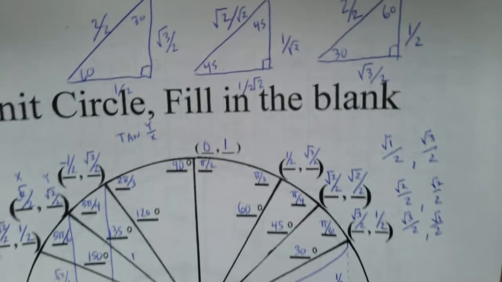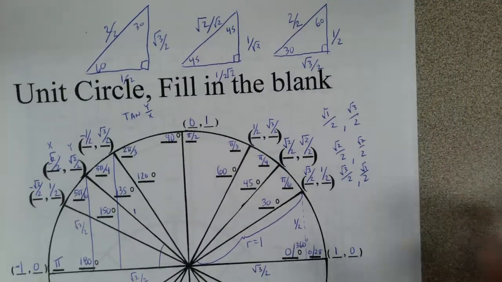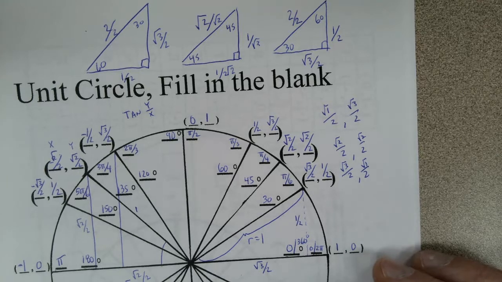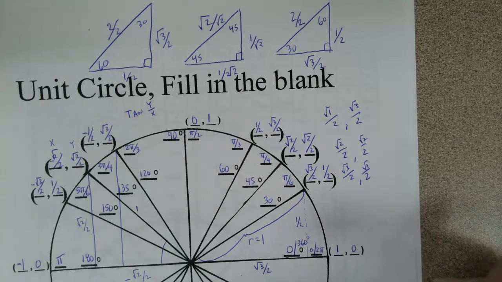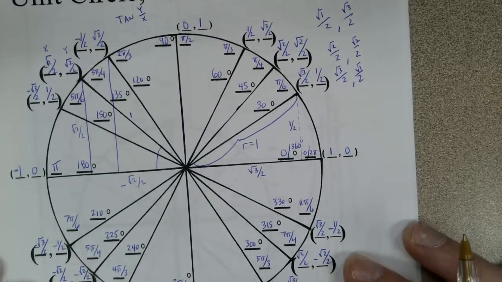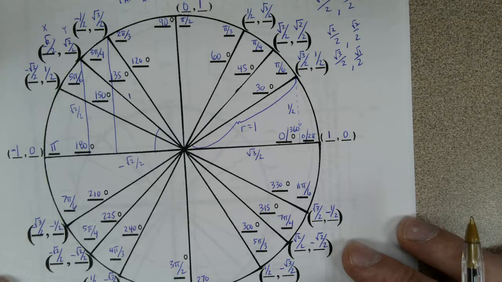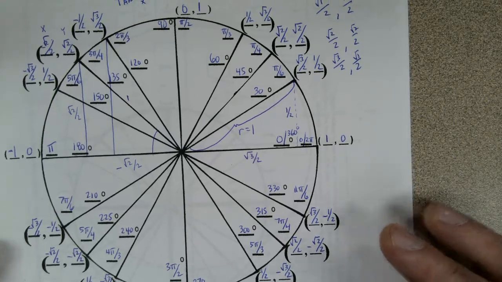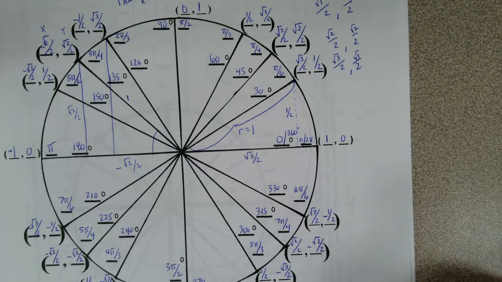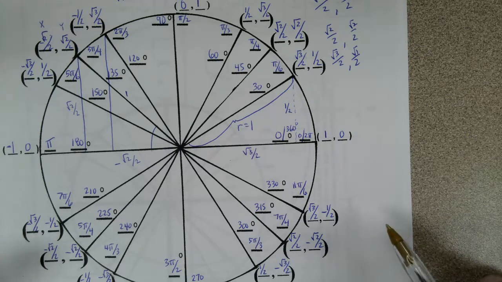So if we look at our unit circle, remember sine we know is y over r. So I want you to look at the unit circle here. On the unit circle, where is our y value radical 3 over 2? Well, there's 4 places where y is radical 3 over 2.